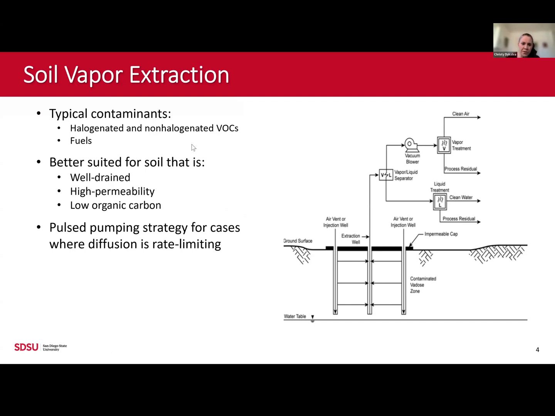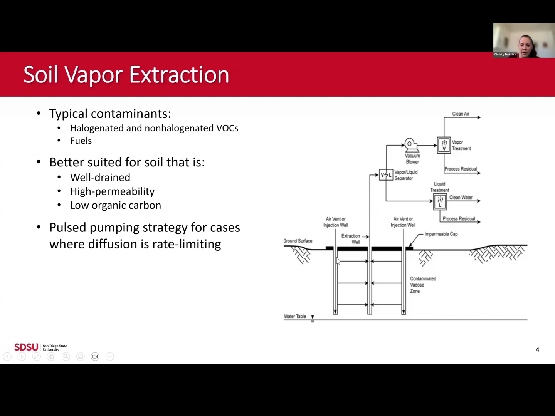And that allows us to take advantage of this soil vapor extraction method where we have injection wells, let's say, on either side here of an extraction well. And then we start to pump air into these outer wells right here, these injection wells. And then at the same time, we start to apply a vacuum at the extraction well where we're trying to remove that contaminant.